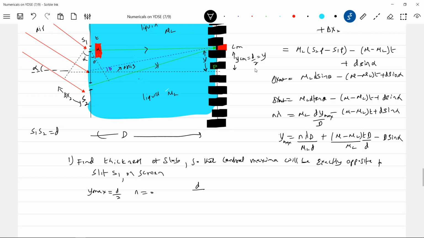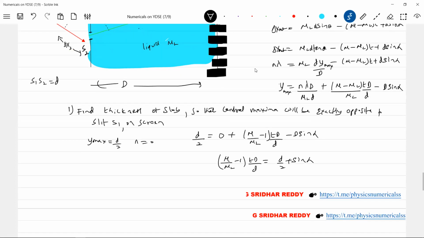So substituting that, d by 2, 0, mu by mu L minus 1 t, capital D by small d minus d sine alpha. Solving for t will get the required answer.